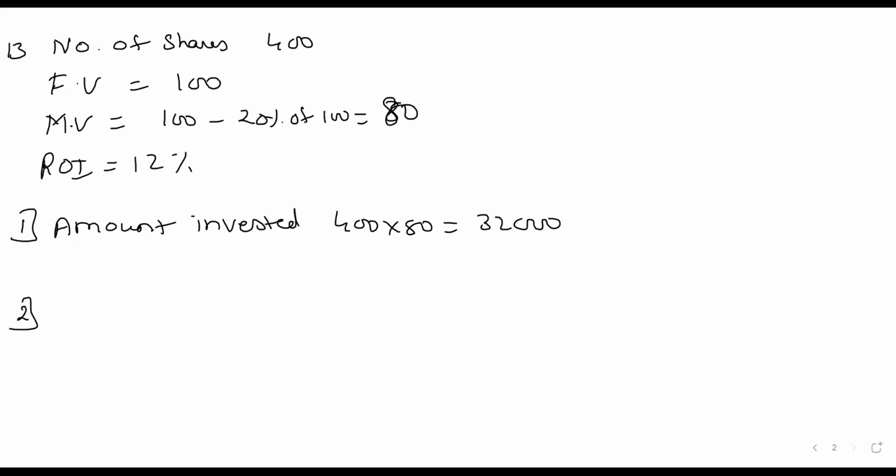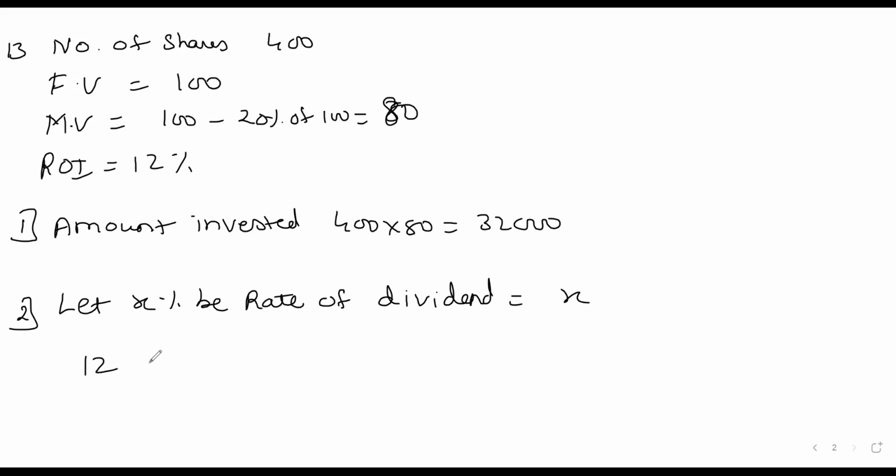And second, the rate of dividend paid by the company. Now we don't know what is the rate of dividend. We will say let X% be rate of dividend. That will be rupees X. Okay, so 12% is the rate of return. X upon market value 80 into 100.